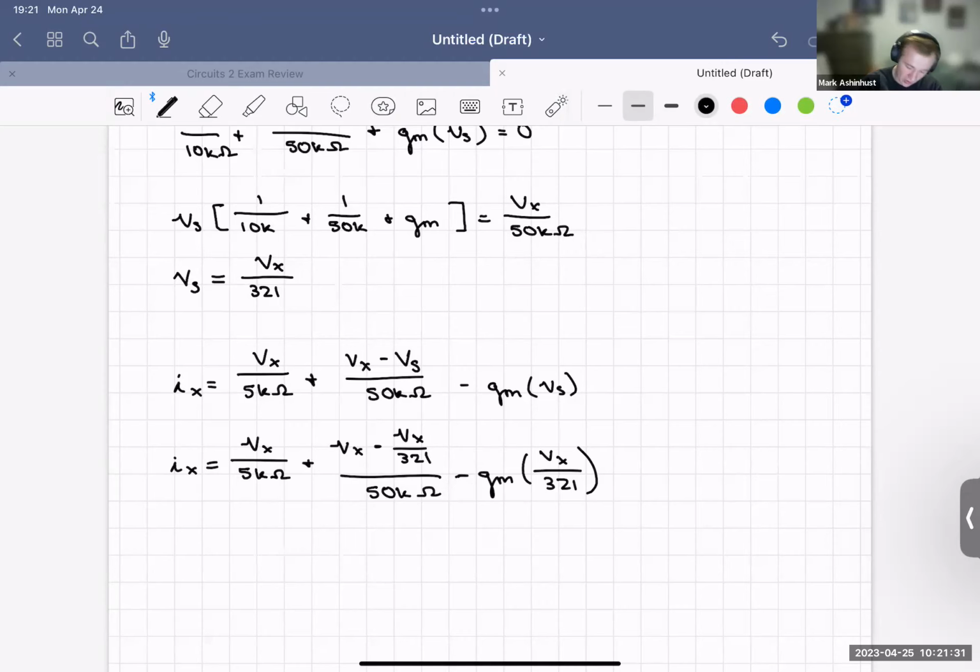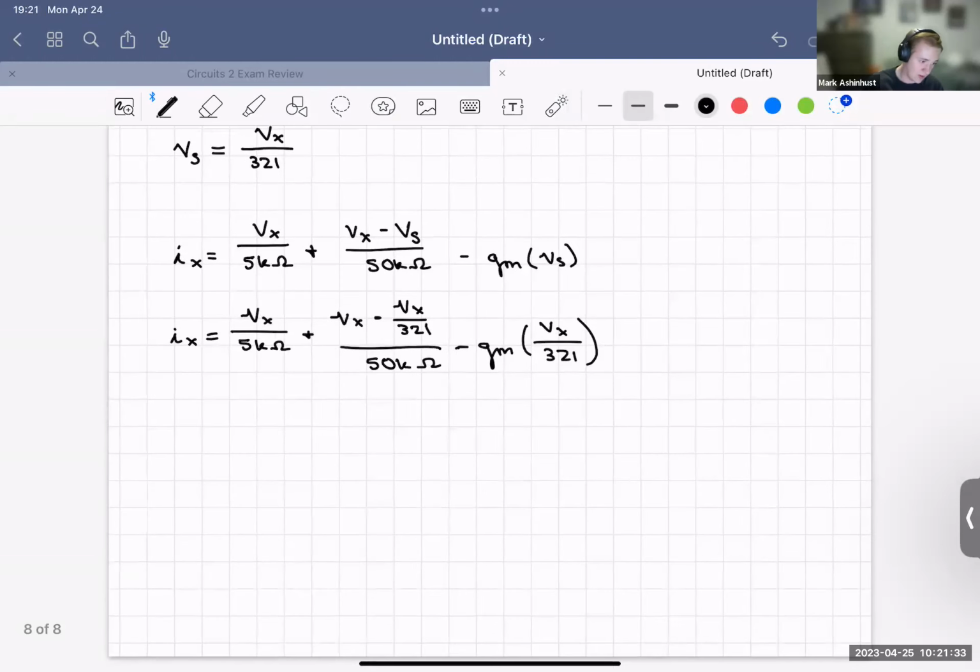And then we solve the algebra for that. We end up getting IX equals VX times 0.2 times 10 to the negative 3. It's what all these values end up coming out to.